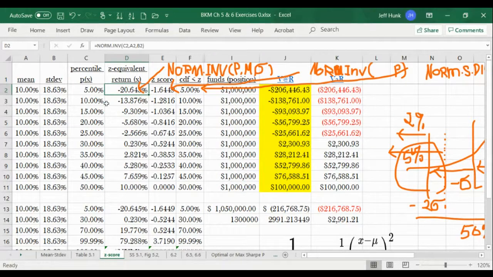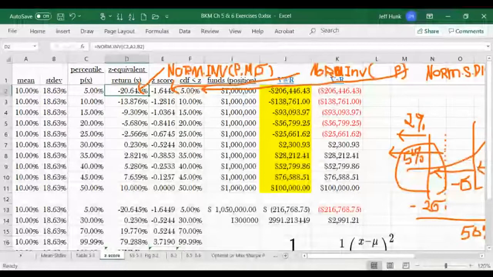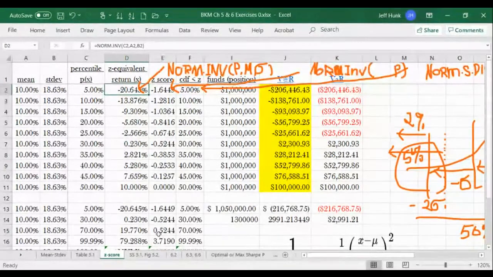Okay, so that's what our value at risk can tell us. It's not just value at risk.